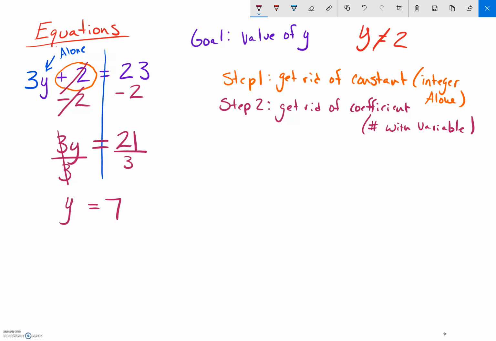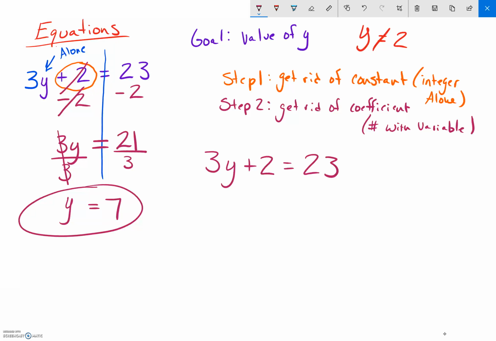To check that, you take your original equation, 3 times y plus 2 equals 23. We said we think y equals 7. So we're going to plug it in. Instead of 3 times y, it's going to be 3 times 7 plus 2 equals 23.